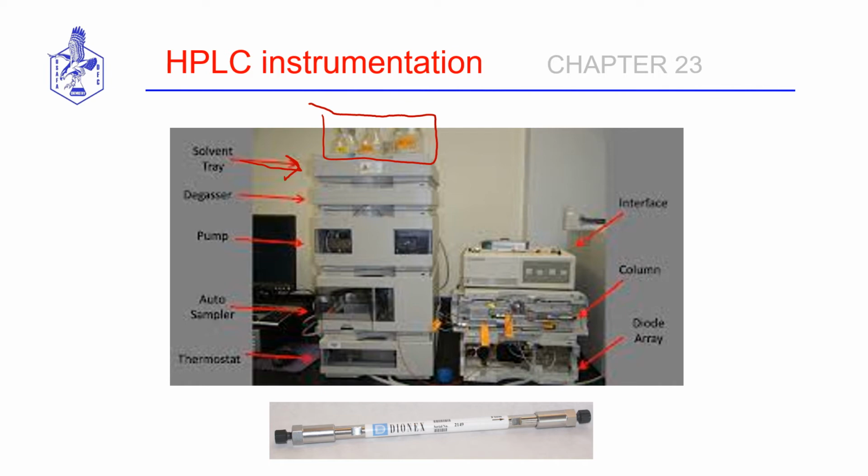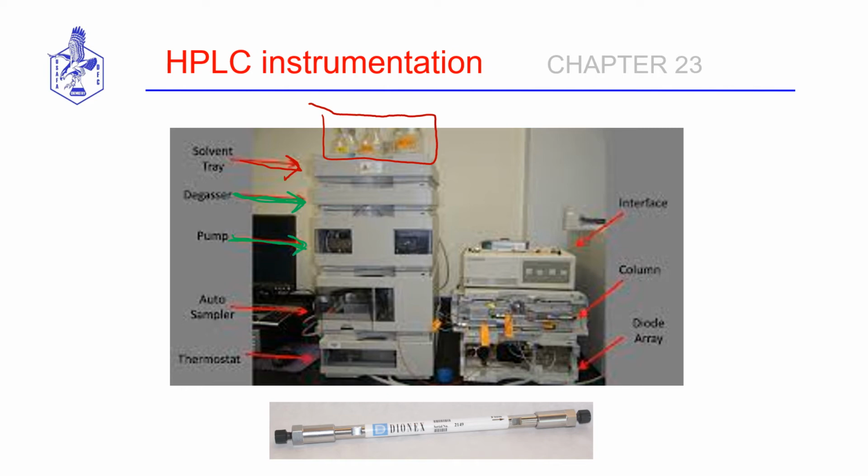Oftentimes it's important to also control the pH of our mobile phase as we conduct a separation. So there's your solvent tray at the top. It is important that we remove gases from our solvents before introducing them to the column, so there's usually a degasser. The solvents have to get pushed through the column under high pressures, so we have to have a pump.